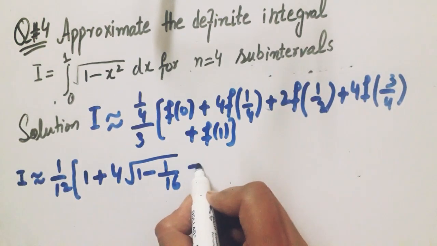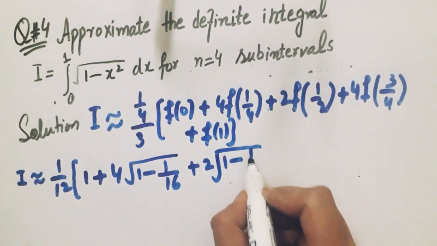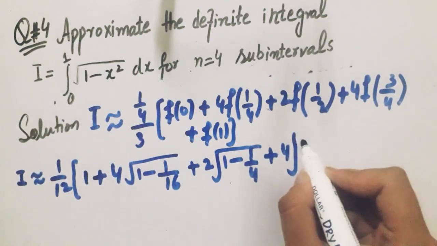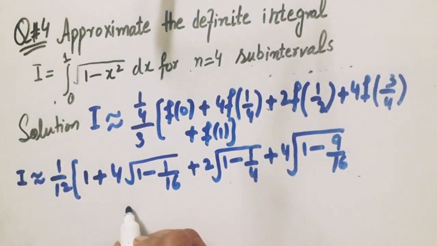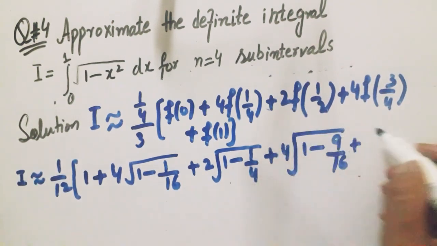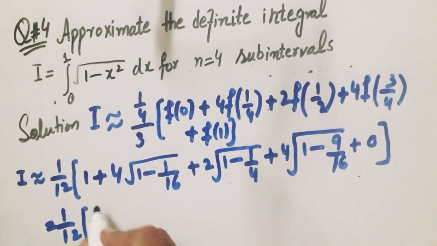Then plus 2 square root of 1 minus 1 by 4. Then plus 4 square root of 1 minus 9 by 16. Then plus square root of 1 minus 1 square, which is 0. Now this is equal to 1 by 12.